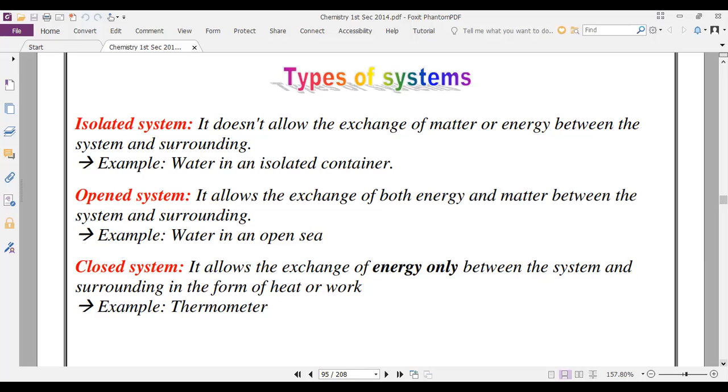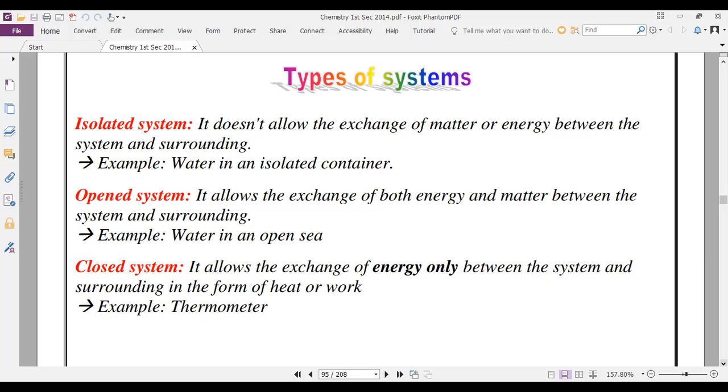After this example, another one is the open system. An open system allows the exchange of both energy and matter between the system and surrounding, as water in an open sea.